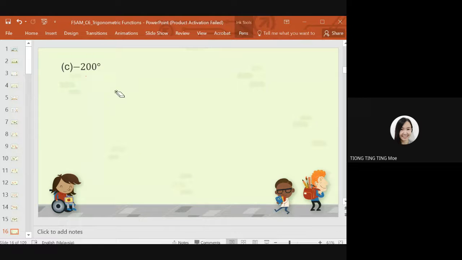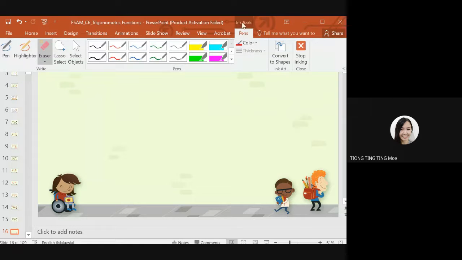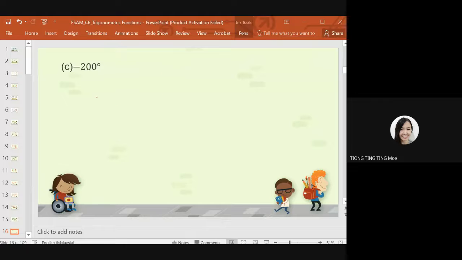Sorry ha, salah. First, so in which quadrant? Which quadrant? Quadrant 3, huh? Yeah, you sure quadrant 3, huh?